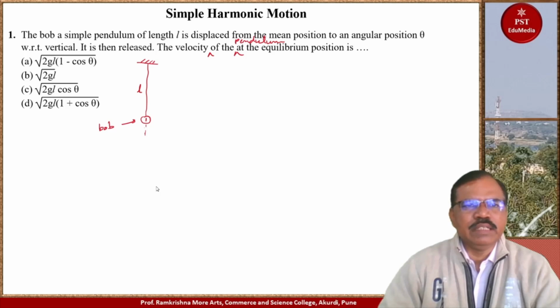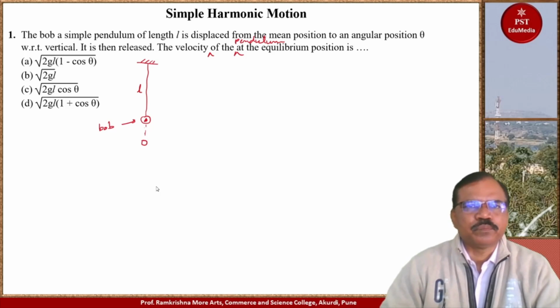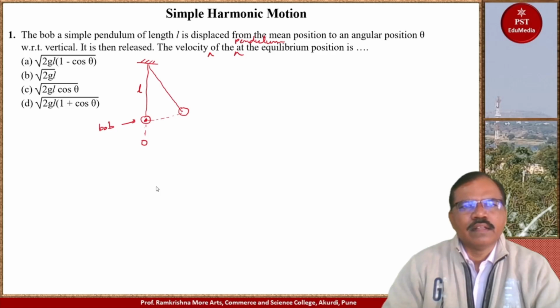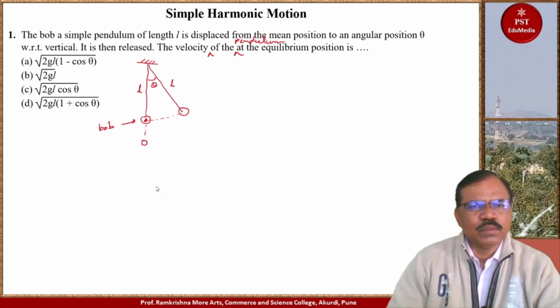So this is its mean position, let us call this O. Now this bob is displaced from the mean position to an angular position theta. Means this bob is displaced like this, so the bob is here, this length is L, and it is displaced through theta.